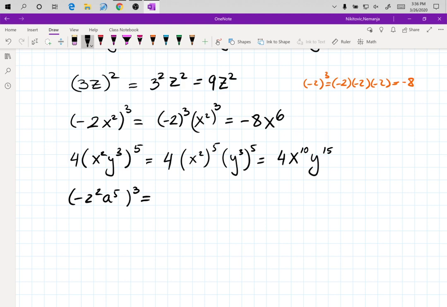And finally, we have the last problem. Now, last problem has this evil negative sign here, which I will have to first break off as a special value, -1, times 2 squared, which is 4, and times a to the 5.